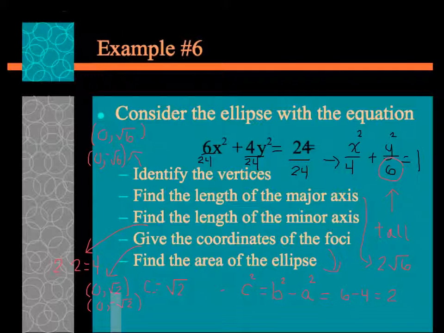Finally, the area of this ellipse is pi a b, as it is for all ellipses. A we know is the square root of 4. B we know is the square root of 6. So when we multiply pi times 2 times square root of 6, we get 2 pi square root of 6. There's the area of our ellipse.